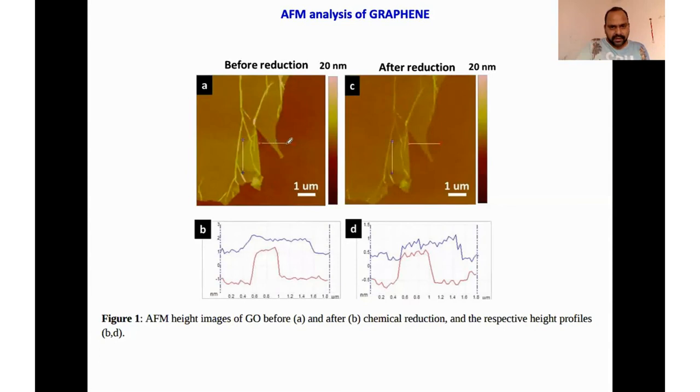If we focus on this area and measure the height profile, similar to what we can measure in AFM, we get this kind of data, and it shows the height. The height is almost 0.35 nanometer, which is very small and almost equivalent to the monolayer height.